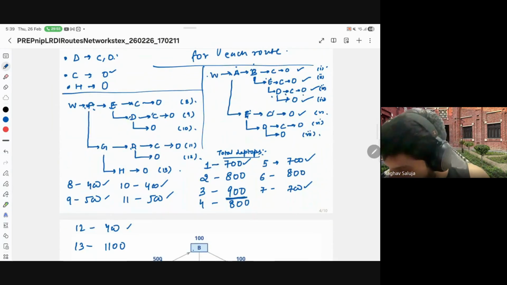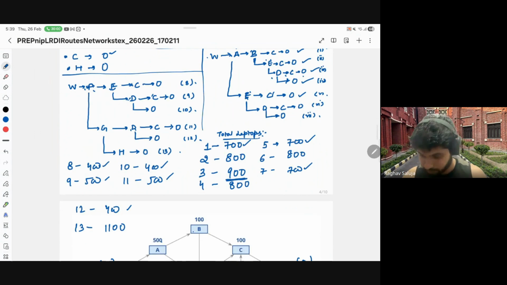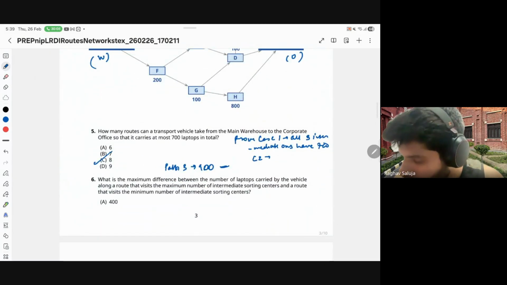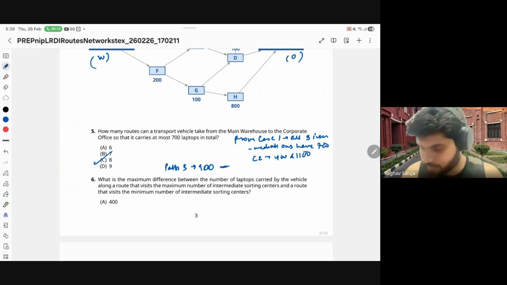Let's look at case 2. 8, 10, and 12, all 3 have 400, and 13 has 1100. It means we get 2 values from case 2 which are 400 and 1100.